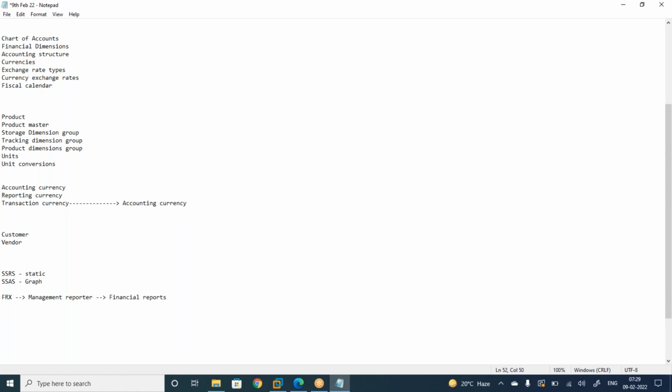FRX was developed by some other third-party ISV. It was purchased by Microsoft in 2012, in AX 2012, and it was merged as Management Reporter. In D365, it is called financial reports. These reports are only for financials, meaning main account plus financial dimensions and category.